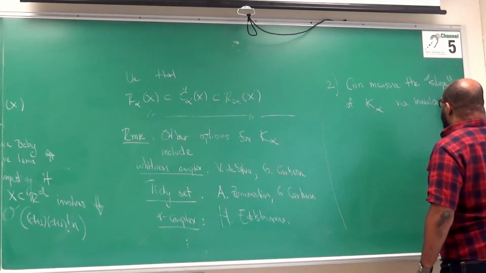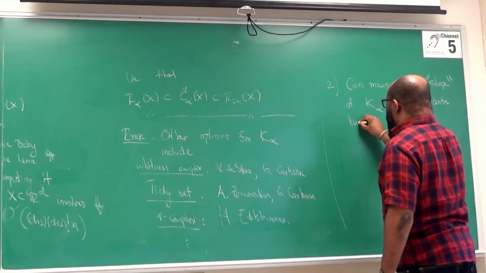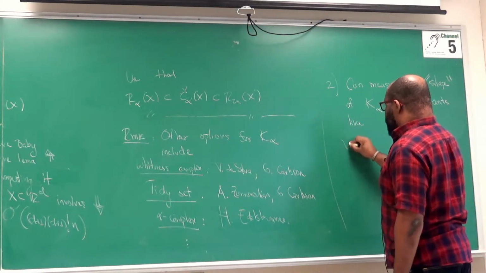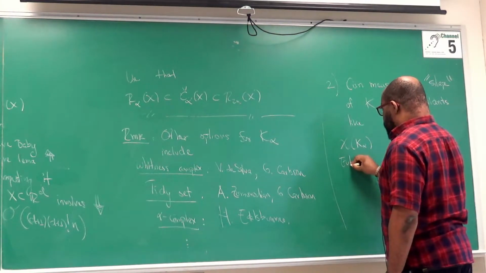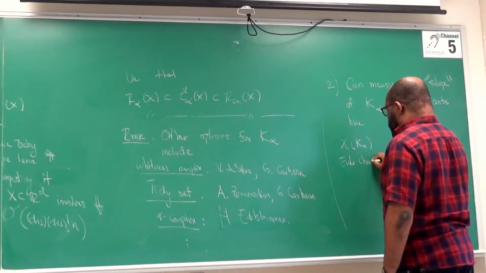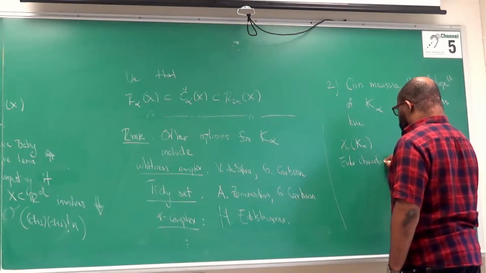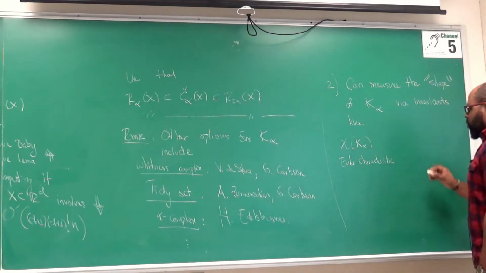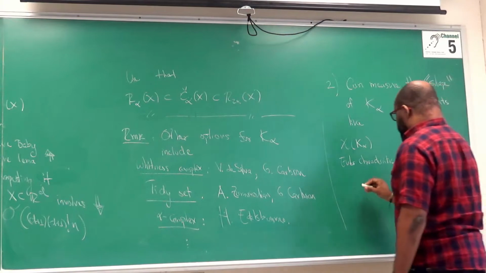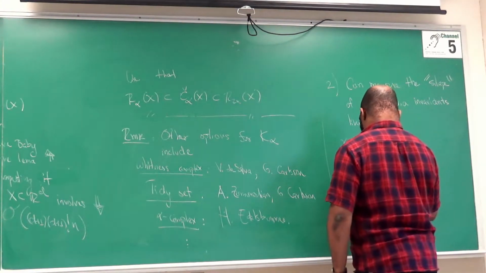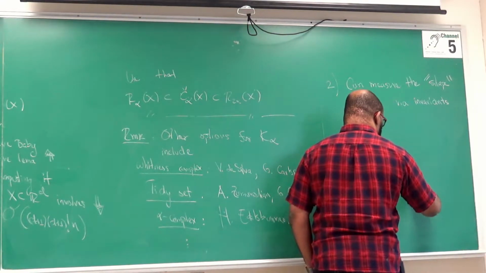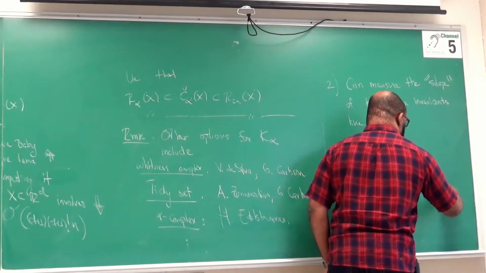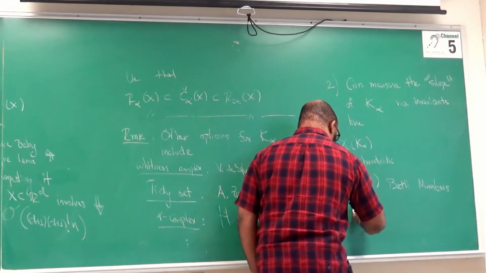So we have invariants like the Euler characteristic, we also have the Betti numbers. And we also have the homology of the space.